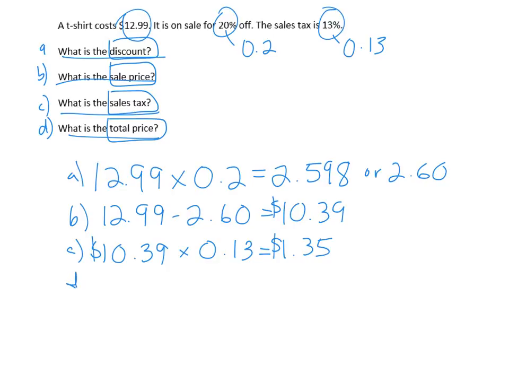And then for D, I'm going to get my total price, so I have to take my $10.39 and I need to add my $1.35, and that gives me a total of $11.74, and I've answered all 4 of those questions.